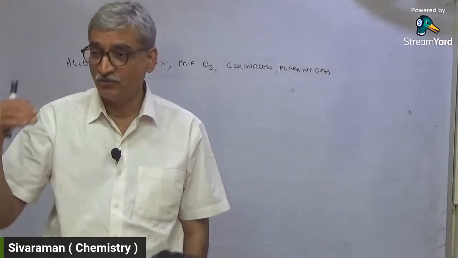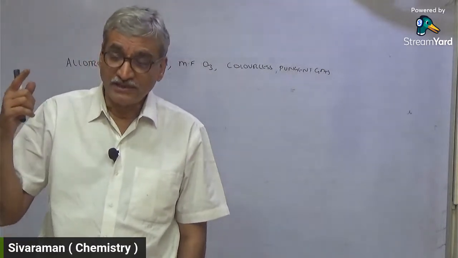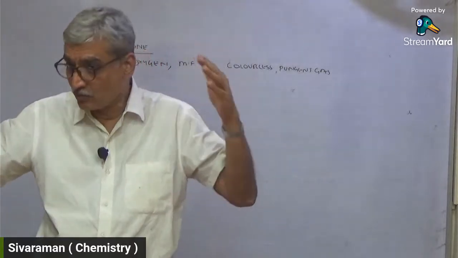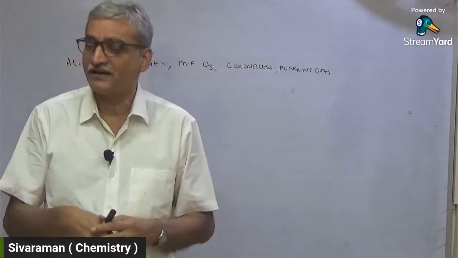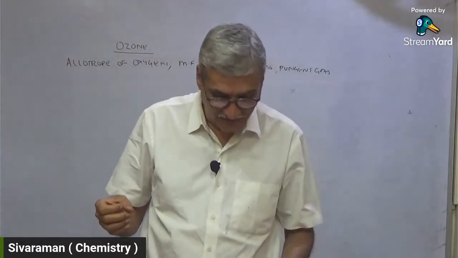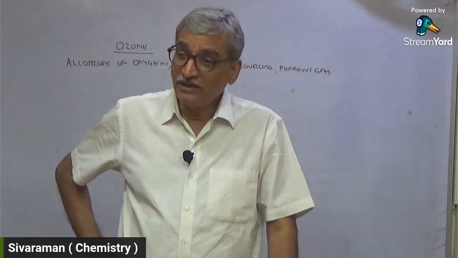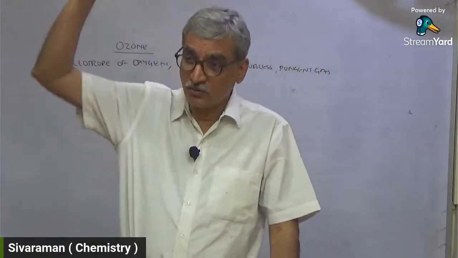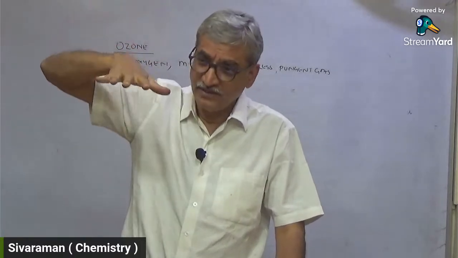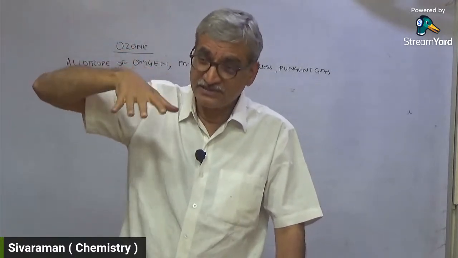Very relevant in today's times, because of partial pressure. Now in the cold season in Mumbai, at least where I am, what happens is in winter, because of the cold, all the poisonous gases, sulfur dioxide, all of them being heavy, are not able to move up.